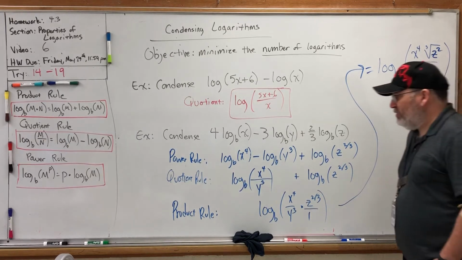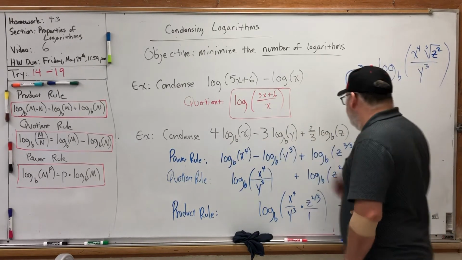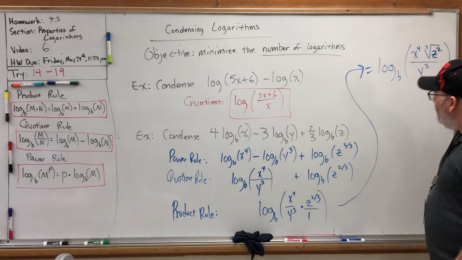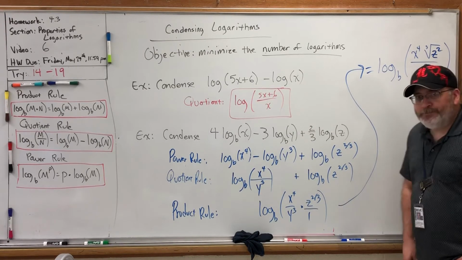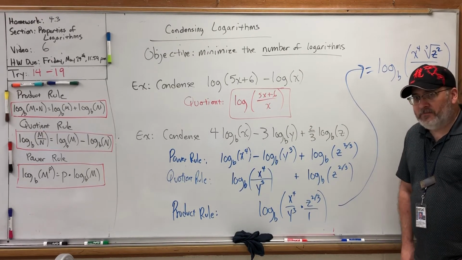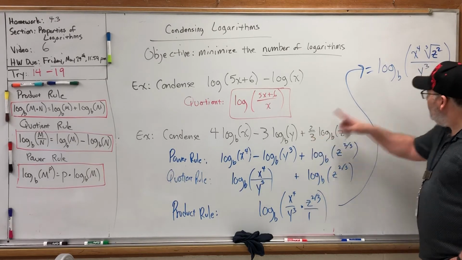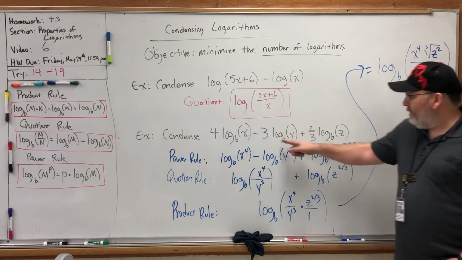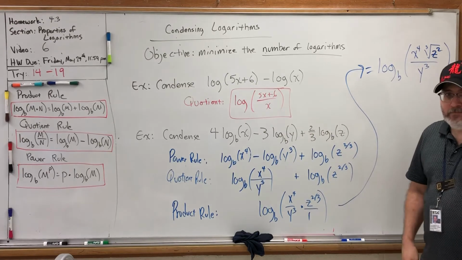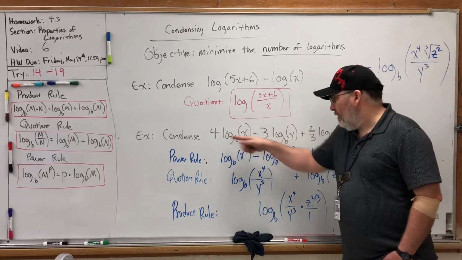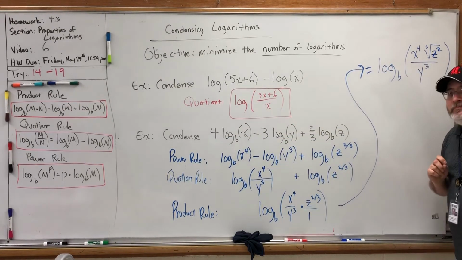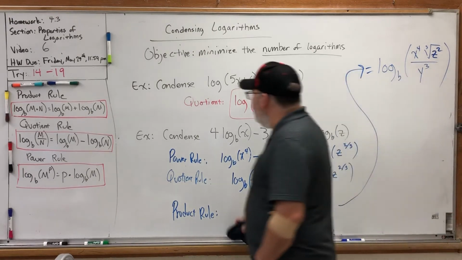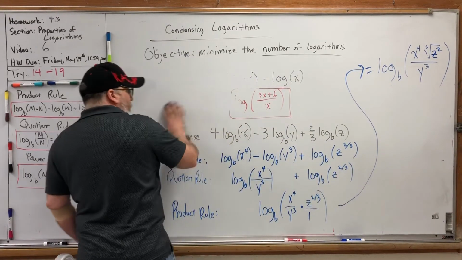The powers are easy to spot, they're floating in front. But as far as who goes on the top and who goes on the bottom, it's easy. If your log was positive, you go on top. If your log was negative, you go on the bottom. Positive log, you went on top. So condensing can literally be done in one move.